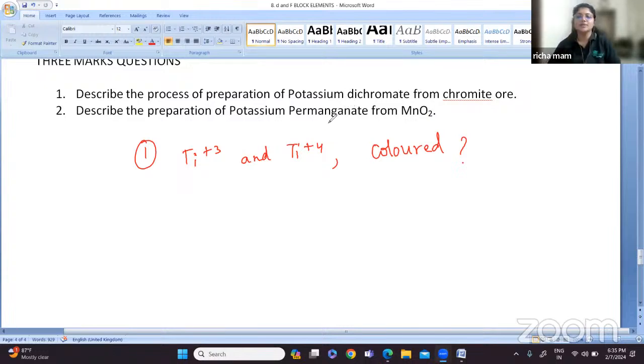Between titanium plus 3 and plus 4, which ion is colored and why? What is the reason?